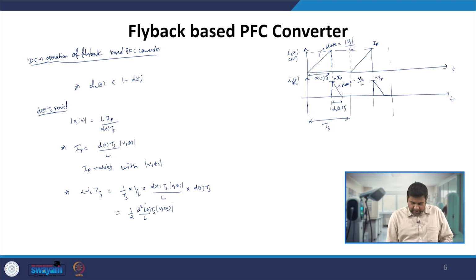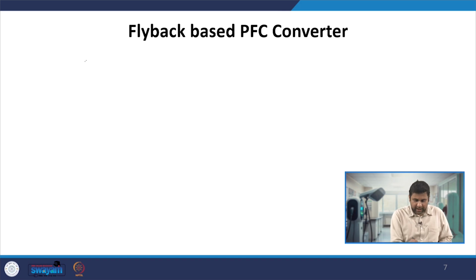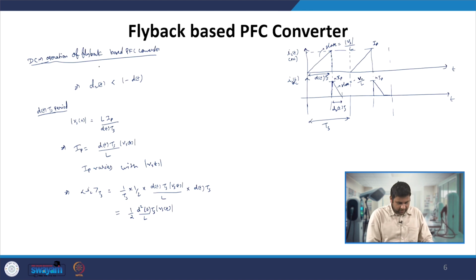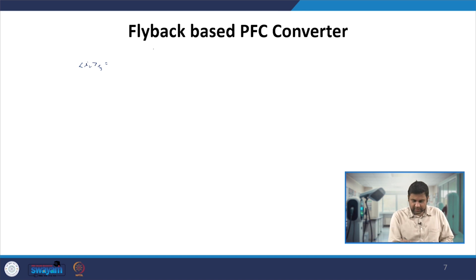Now if you look very carefully at this particular thing, we can say that the average variation of IL over the Ts duration, the average value over the Ts duration, is modulus of Vs of t divided by R effective, where R effective is nothing but 2L by d square of t into Ts.